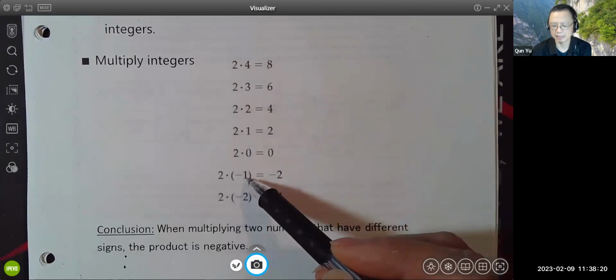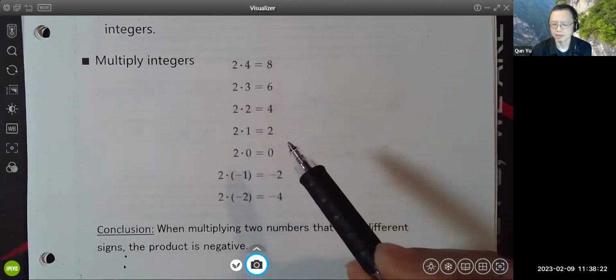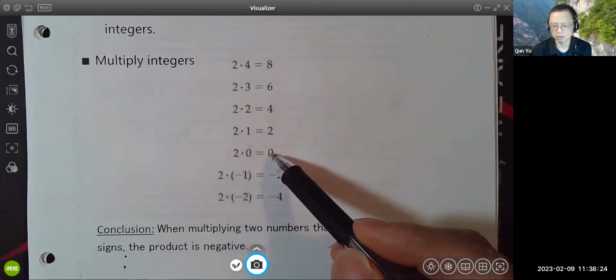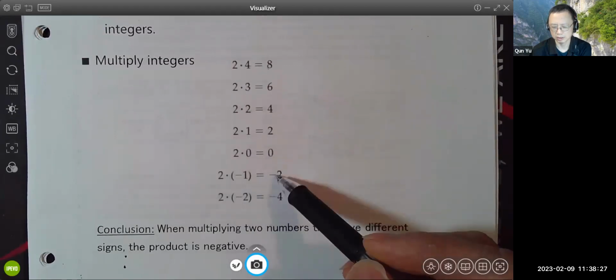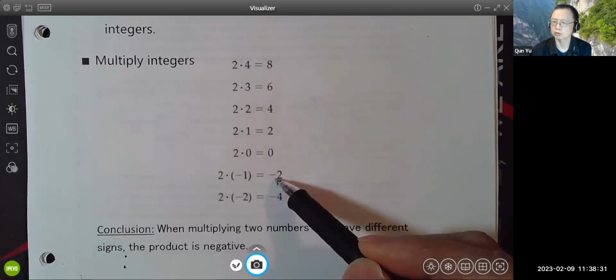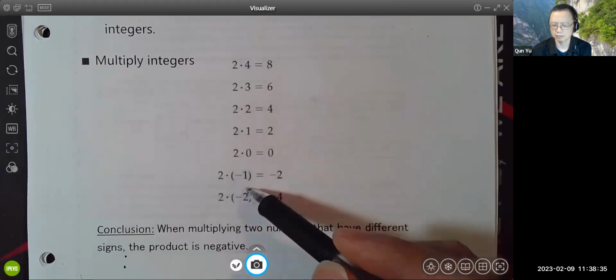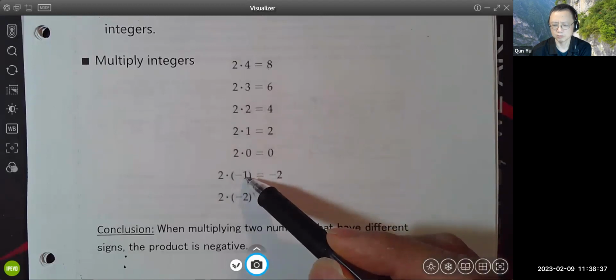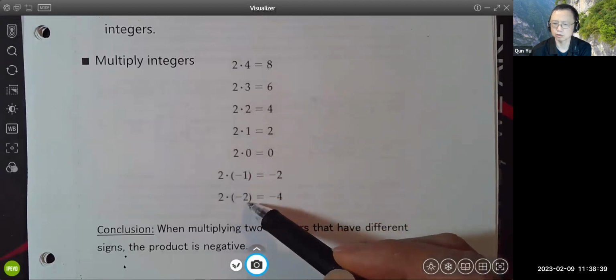So -1 is 1 less than 0, right? And guess what? The result also should be reduced by 2, and it is. So from 0 to -2, -2 is 2 less than 0, right? Reduced by 2. And from -1, we want to reduce it by another 1, we get -2.